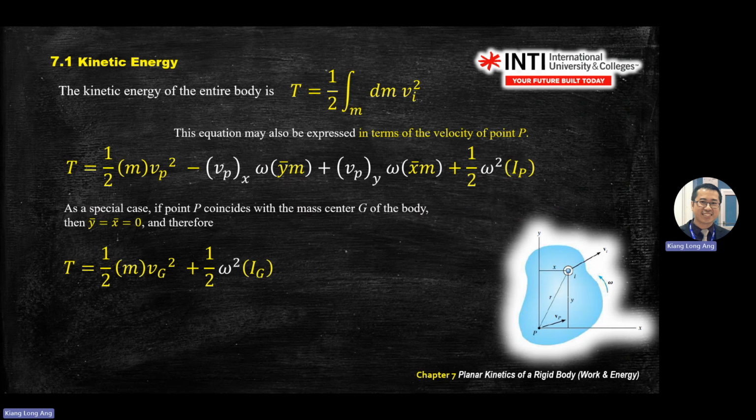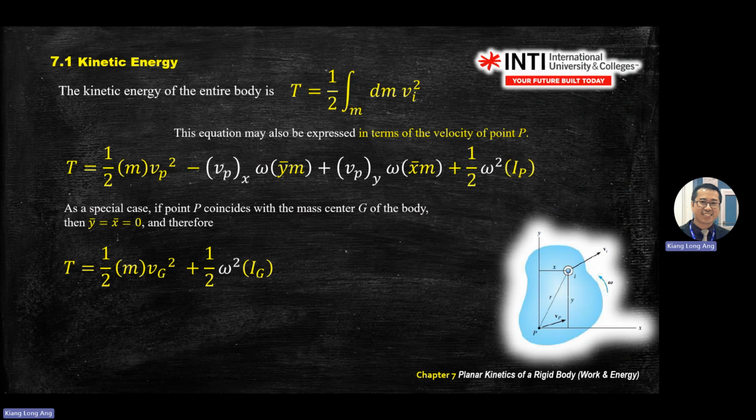Okay, now at the end, most of the time you only need to use this equation, which is, if you look at kinetic energy, it will be half mv squared plus inertia effect. With this, you need to remember one more equation at the back, half mv squared plus half omega squared Ig. This will be the chapter 7 equation.